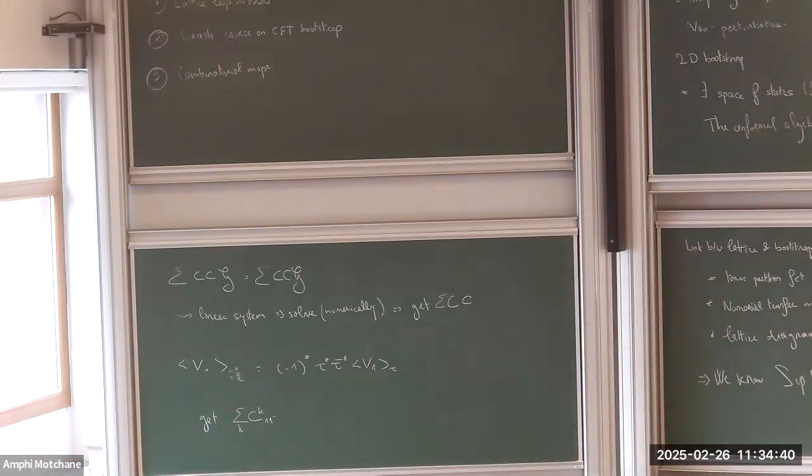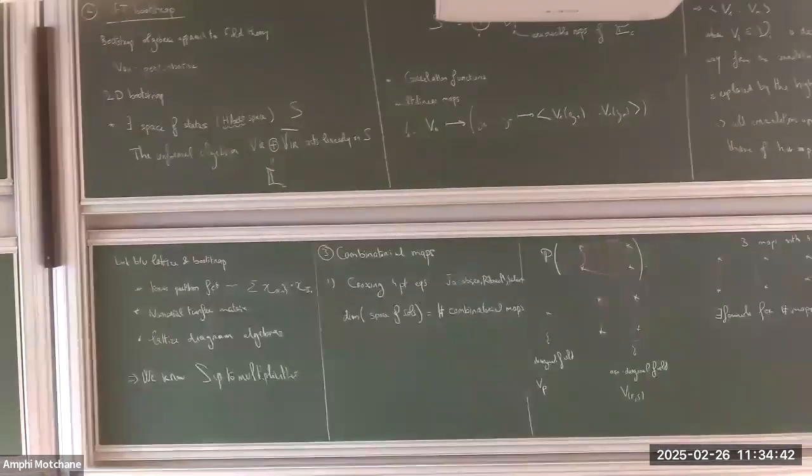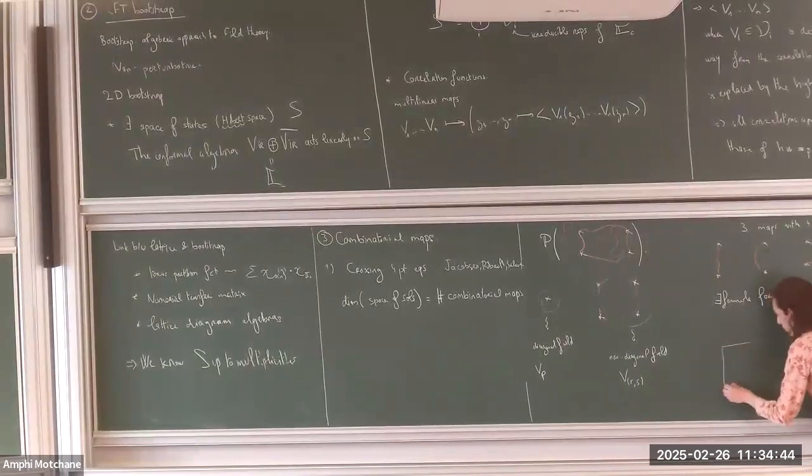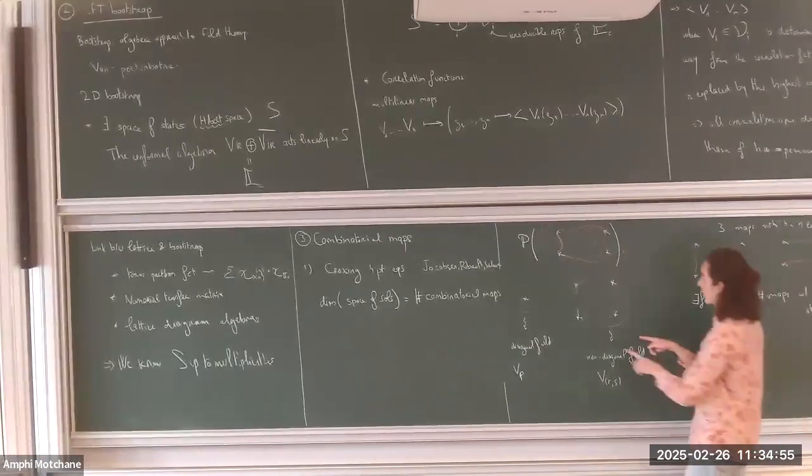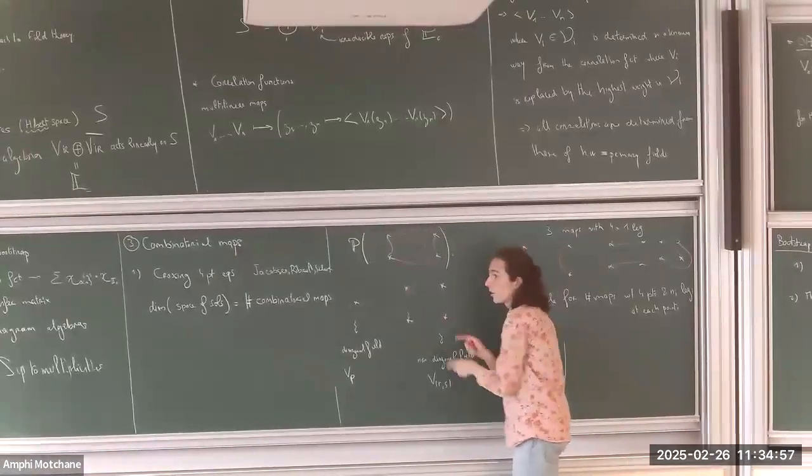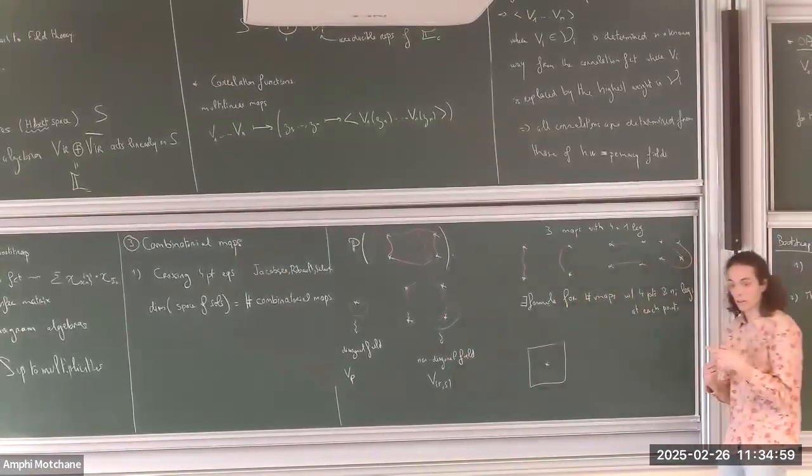I can try to give a few examples. So let's say I take an insertion with 4 legs. I didn't say one thing important about these combinatorial maps because I'm really tight on time, which is that the legs coming out of the point are ordered cyclically.